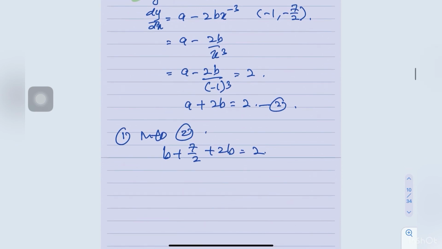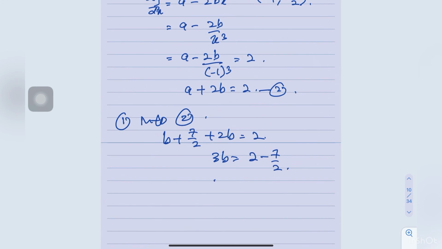So we simplify here. We have 3b equals 2 minus 7/2. So 3b equals -3/2. So b equals -1/2.